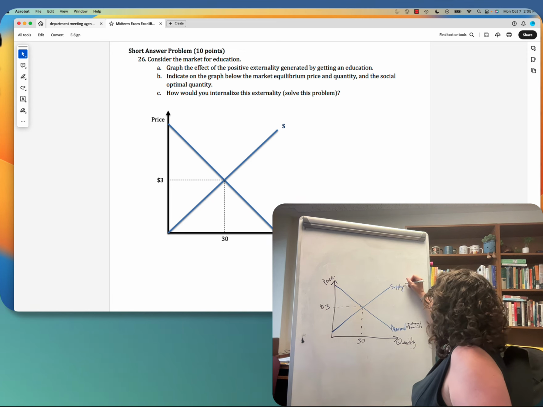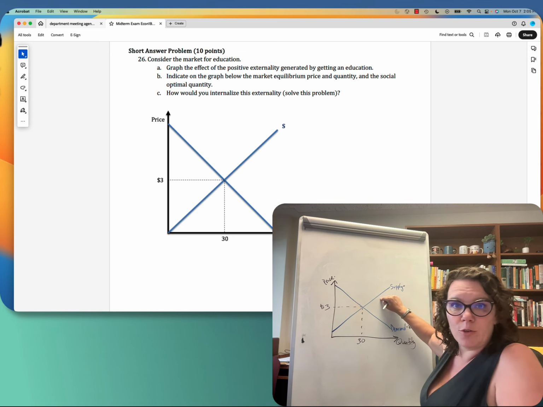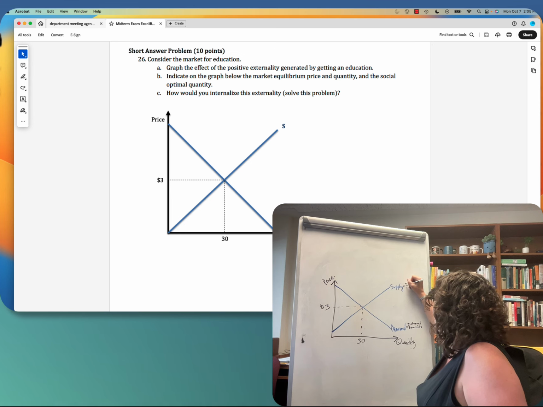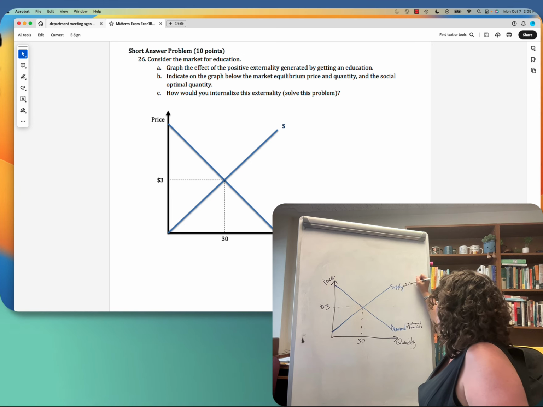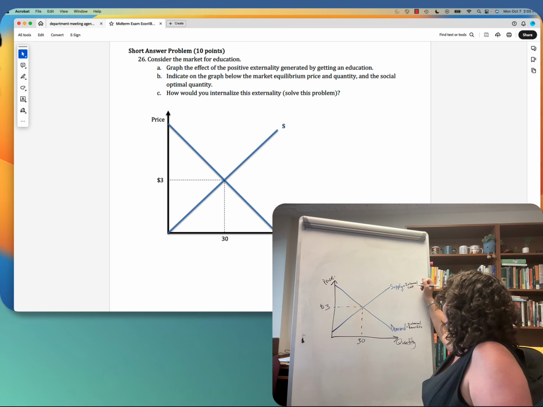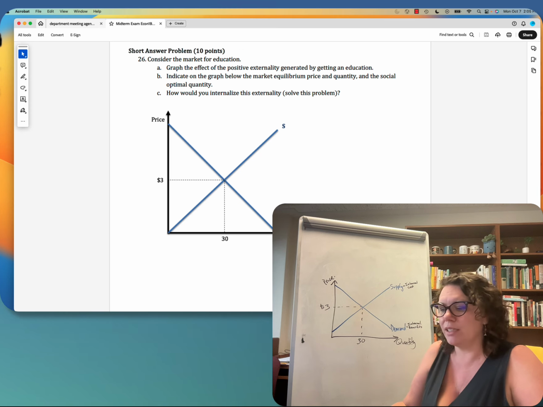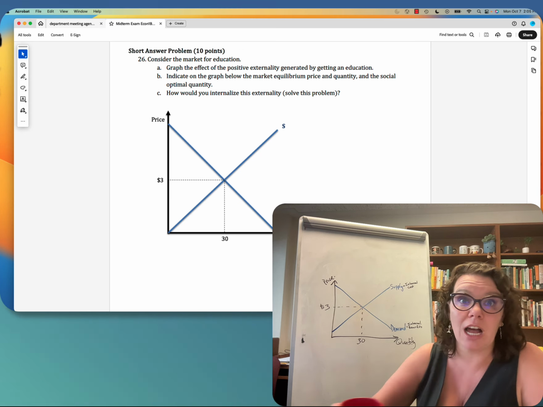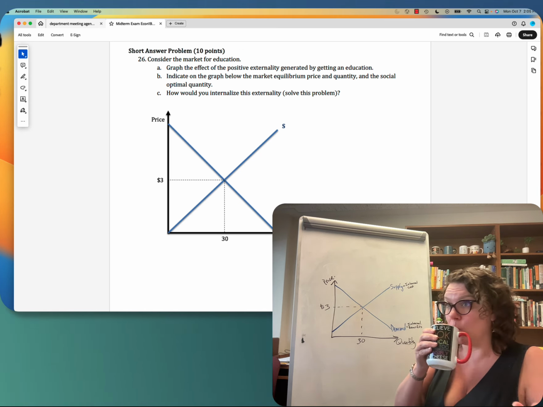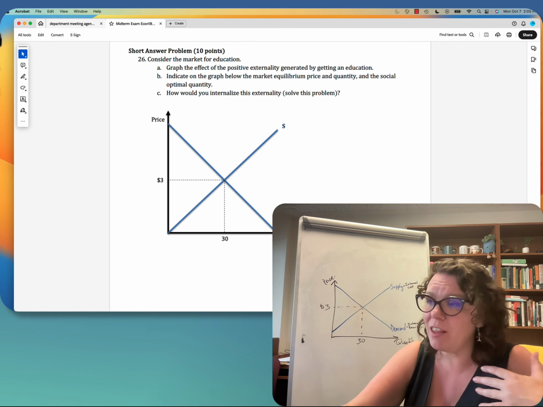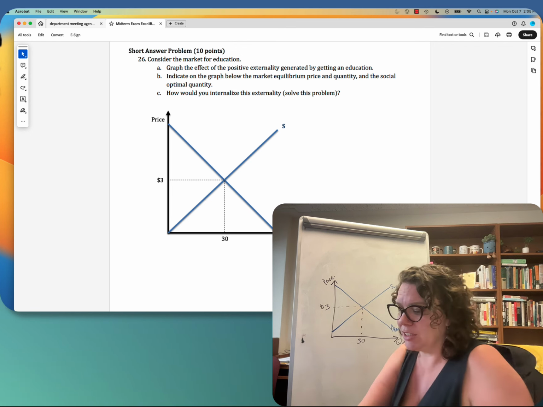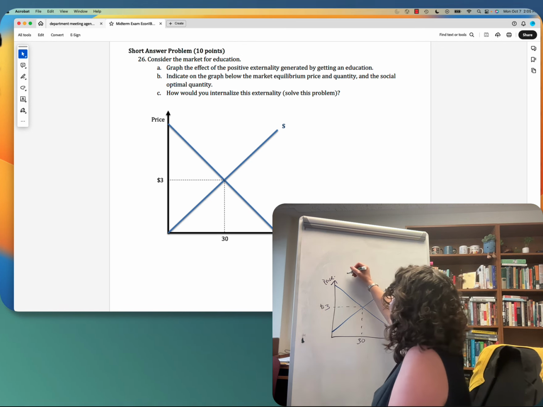Firms sell it to us, and the cost they sell it for is based on the internal cost or the private cost associated with that good or service. And that's really the baseline. And then what you need to remember is that these externalities are going to be on top of that in addition.